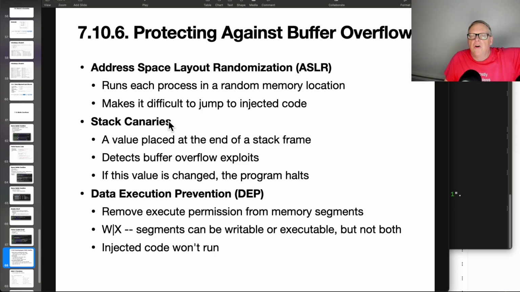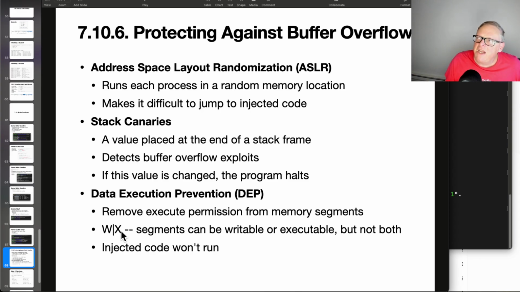So if you overflow the variables and you start intruding where the stored base pointer and the stored return pointer are, it will detect that you've written data to a block before that, and it will just stop the execution of the program. It knows you've corrupted the memory. So that's valuable. Data execution prevention puts memory permissions on the memory segments. So you have write or execute is the general rule.